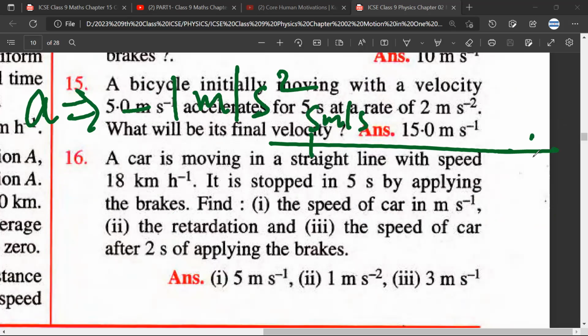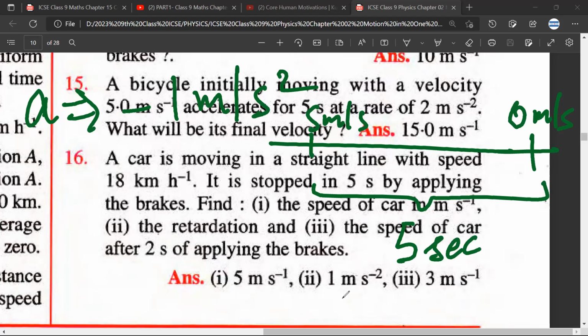It took 5 seconds to come to a stop. Now what he is asking you is what is the speed after 2 seconds? So 2 seconds would lie somewhere here. But throughout this journey of 5 seconds, the constant retardation of minus 1 meter per second square has to be taken. Have you understood what I said?